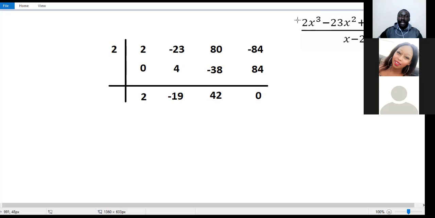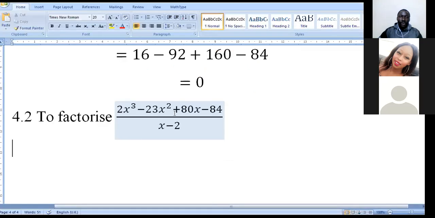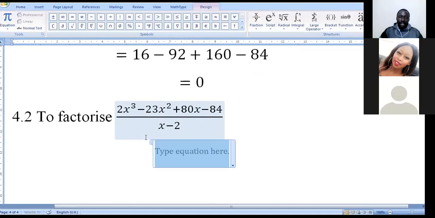Well, we can then say this quantity here divided by the other one will give us this, with these numbers representing the coefficients. And so let's put it right here. Fortunately, I've got to again type the whole of this thing down. So, well, let's just get it going.